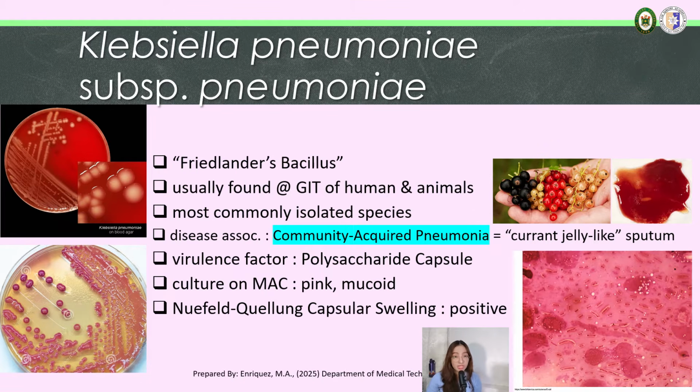On MacConkey, we can observe these colonies to be pink, lactose fermenting, mucoid colonies. Kahit po dito sa BAP, they always appear very shiny, almost kind of like wet looking, and it is reported to be mucoid. Again, that is the colony morphology of Klebsiella species in general. They have a polysaccharide capsule, so we could expect a mucoid appearance.